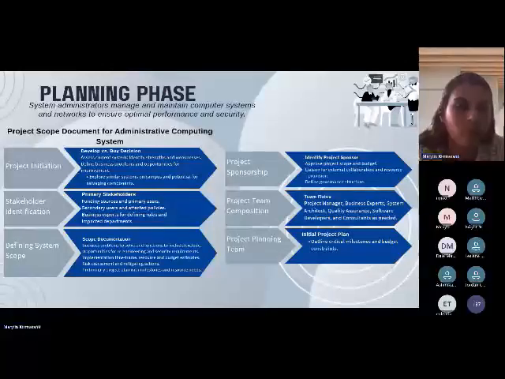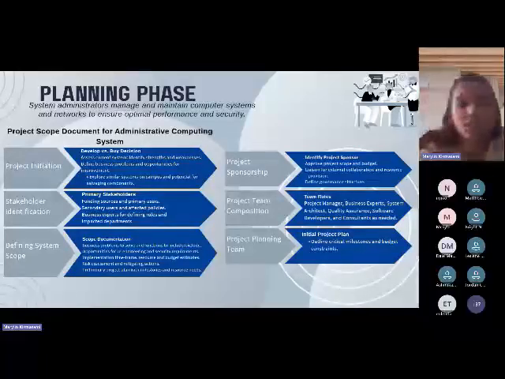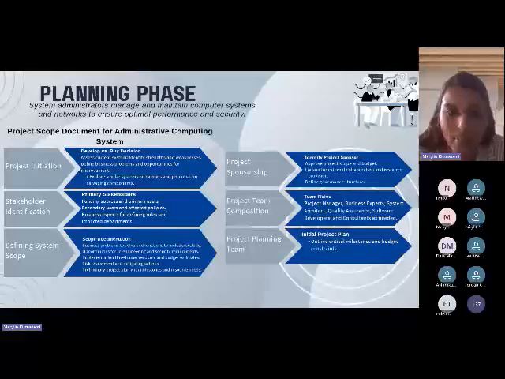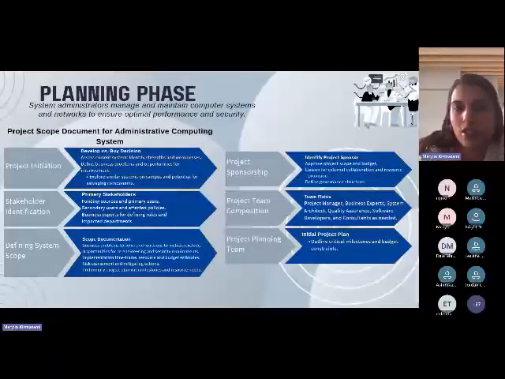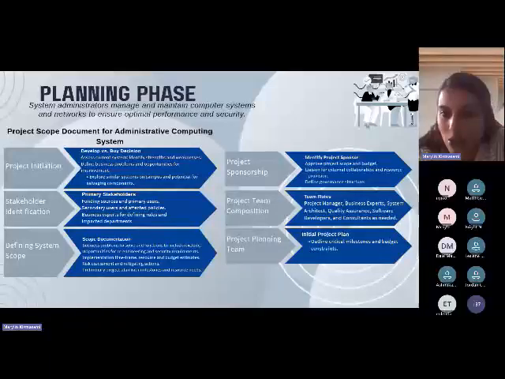Okay. Then if you look at your project sponsor, you identify a sponsor for the project. The project sponsor ensures that the project stays on track by providing resources and leadership. If you look at their responsibilities, they approve the project scope, they secure the requested budget, act as a liaison with external stakeholders, and they define the project governance and oversee progress.